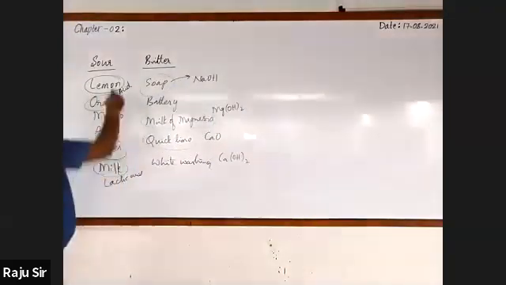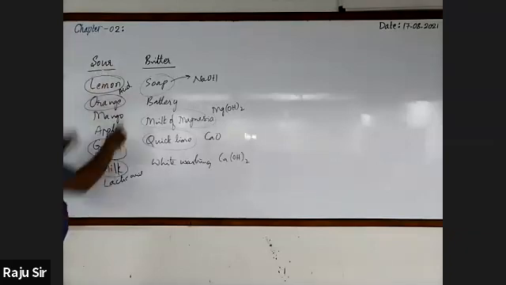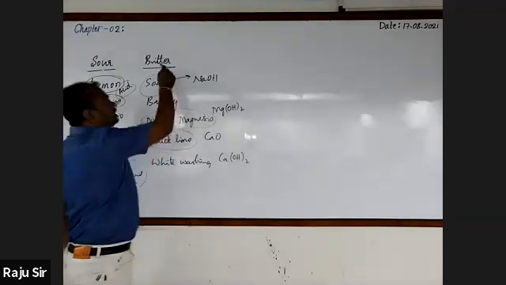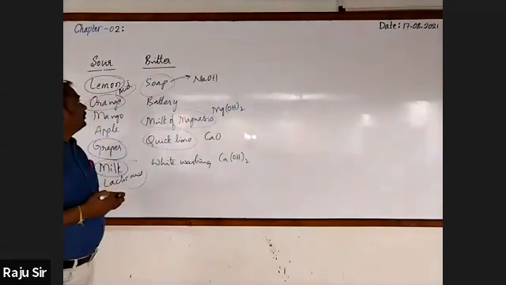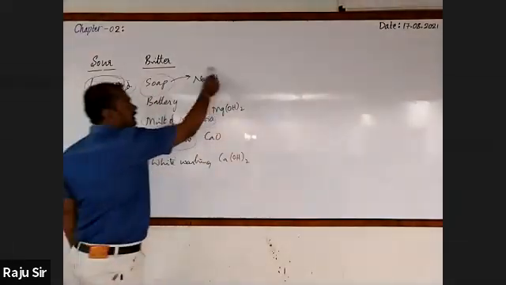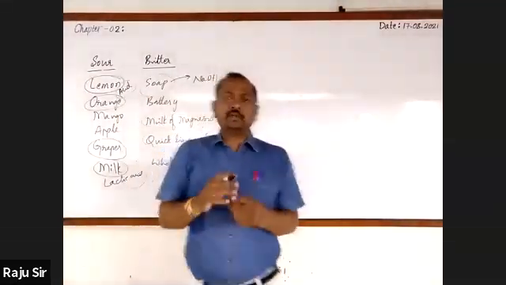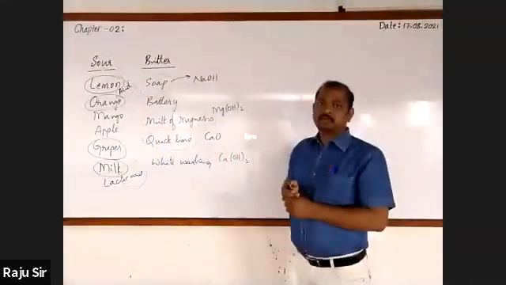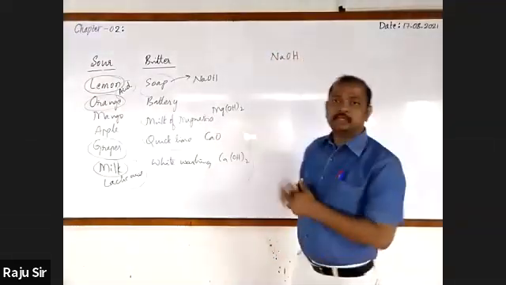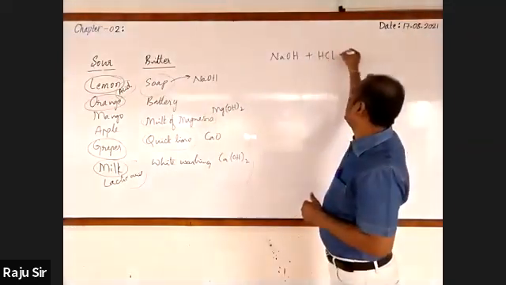And you can also notice that the chemical compounds responsible for sour taste are acids, and the chemical substances responsible for bitter taste are bases. Now, take sodium hydroxide, which is a base, and take an acid, HCl.